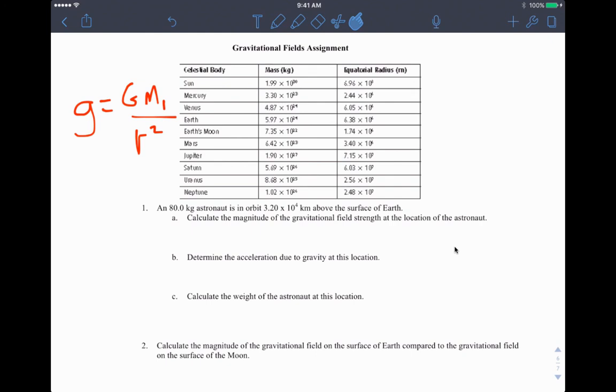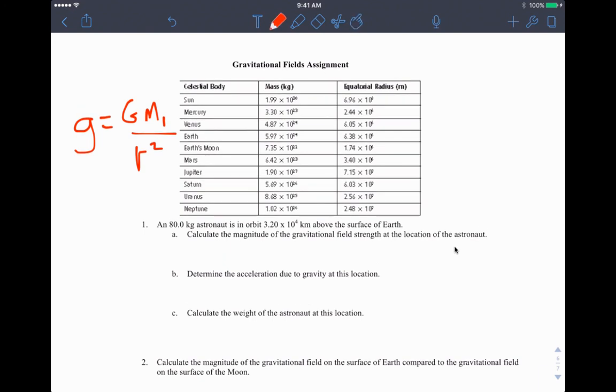It says calculate the gravitational field strength at the location of this astronaut. What you need to see here, which maybe isn't obvious, is we know the altitude above the surface of the Earth. Anytime you see that, that is not the separation distance. That's the distance from the surface of the Earth out.